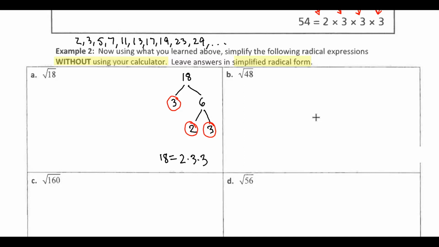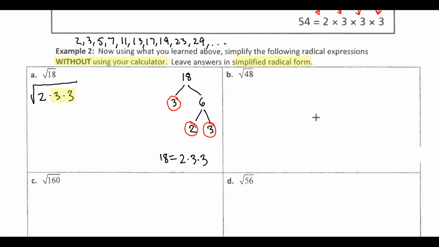So let's come back over here to our problem. So the square root of 18 now is going to be the square root of 2 times 3 times 3. Alright? Now, this is where I'm going to do some rearranging. I'm always going to be looking for pairs of prime numbers under the square root. So here's a pair of prime numbers.